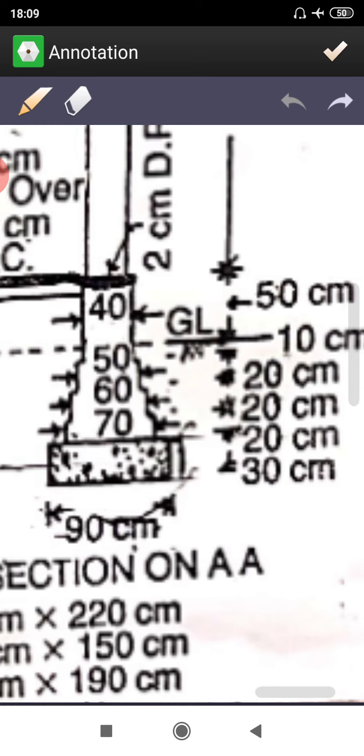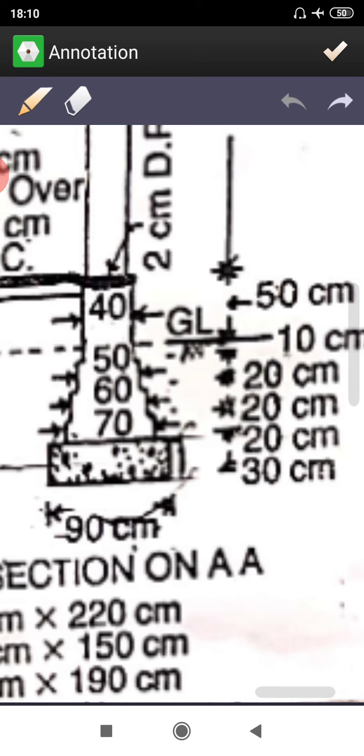Now if you see the plinth, plinth is 50 centimeter above the ground and 10 centimeter below the ground, right? Now you have to consider the depth of excavation, means you are going to excavate it into the ground. So the details or the depths which are below the ground, those you have to add and take as depth for excavation.